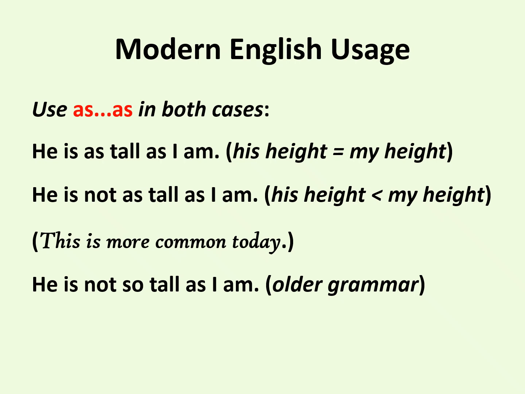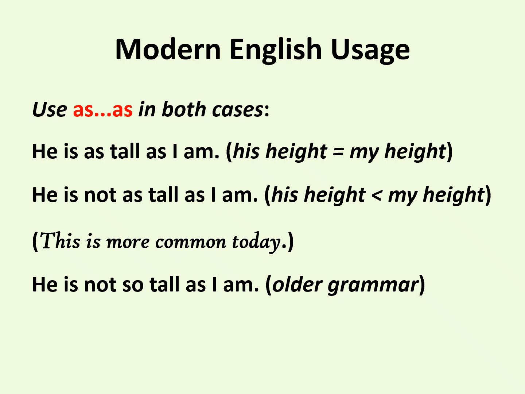In both affirmative sentences and negative sentences, use as. So he is as tall as I am and he is not as tall as I am. He is as rich as I am. He is not as rich as I am. In both affirmative sentence and in negative sentence, we are using as.